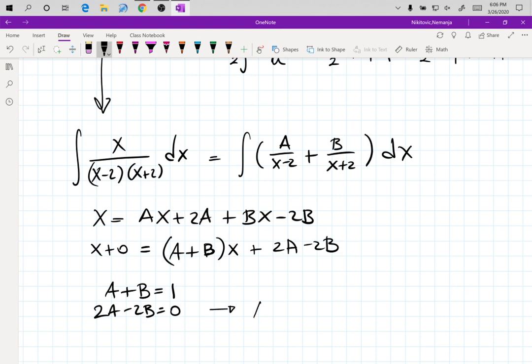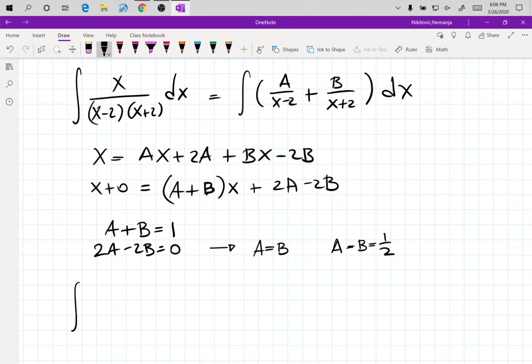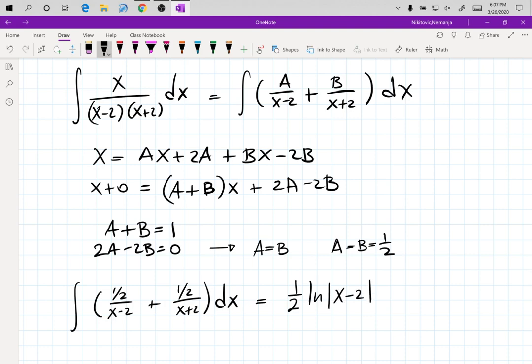From the bottom equation, you know that a is equal to b, because when you move b to the other side and you divide both sides by 2. So if a is equal to b, then they both have to be 1/2. So we have integral of 1/2 over x minus 2 plus 1/2 over x plus 2 dx, and those are your 1/2 ln of x minus 2 plus 1/2 ln of x plus 2 plus c.